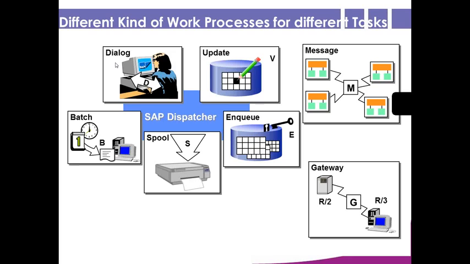But there is one bad thing with dialog. Yes, we have the dialog process limit, which I will explain in the detailed discussion. I am just giving you the overview. One bad thing with dialog is that there is a time limit on dialog process execution, something like 600 milliseconds.